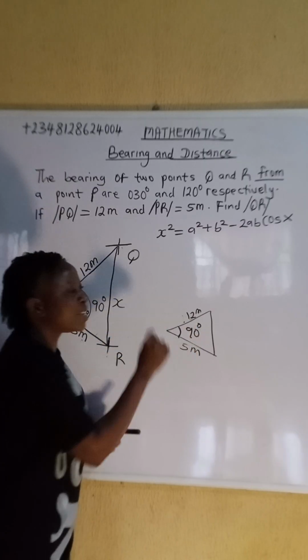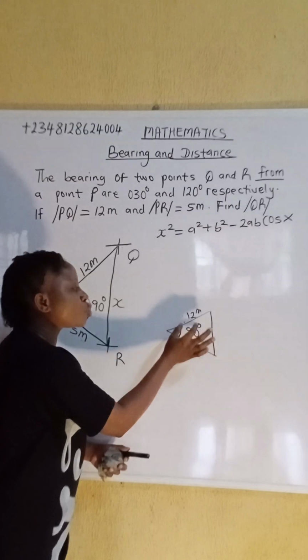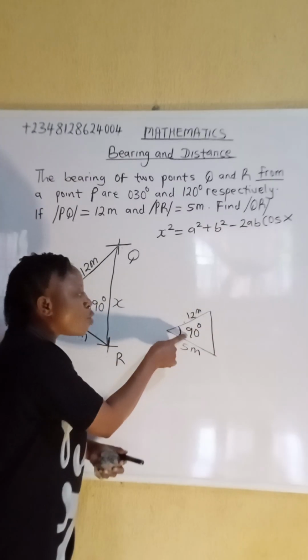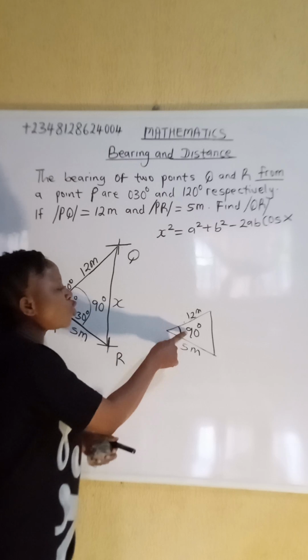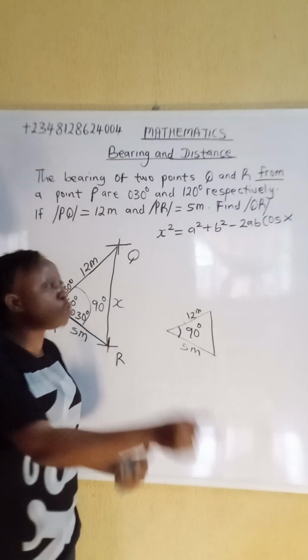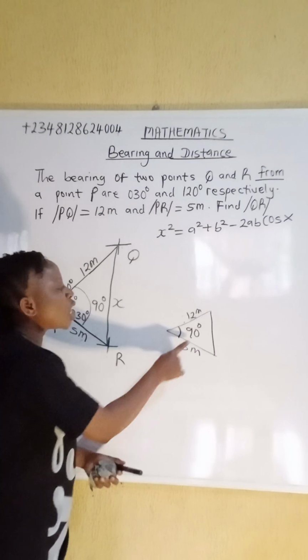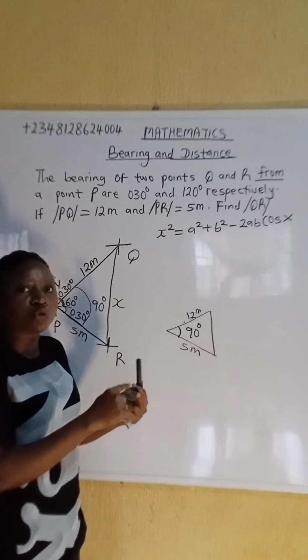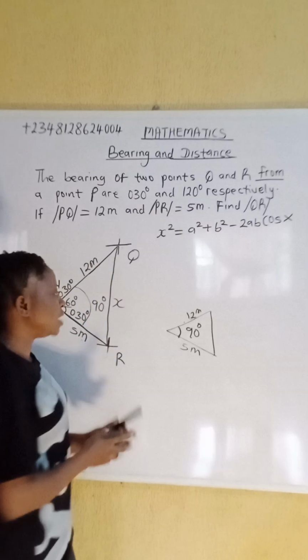It shows that this is a right angle triangle. So you can also use Pythagoras theorem because you have 90 degree here. But when you have anything less than 90 degree or greater than 90 degree, you can only apply cosine rule. So because you are having 90 degree here, you can also use Pythagoras theorem. So I'm going to use the two methods.